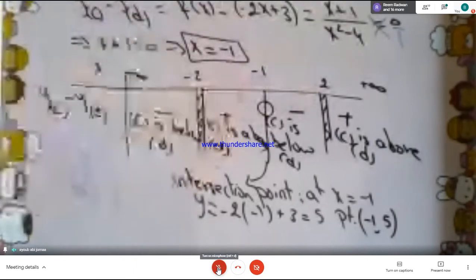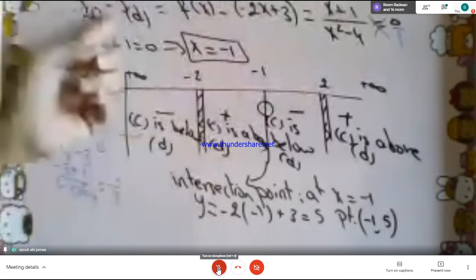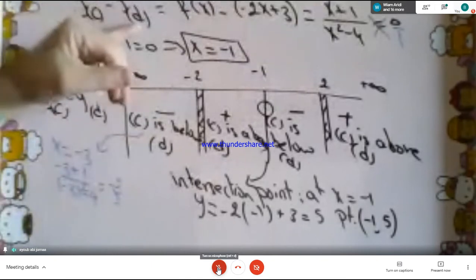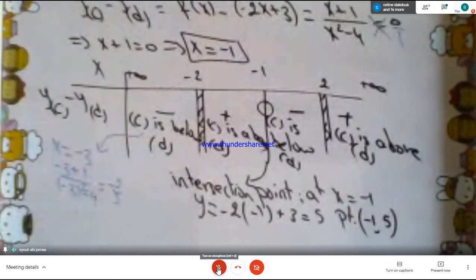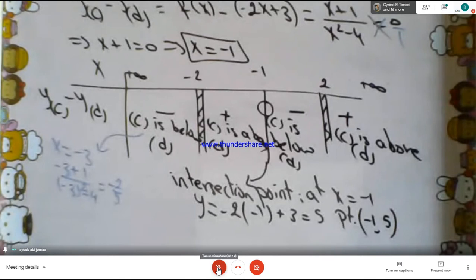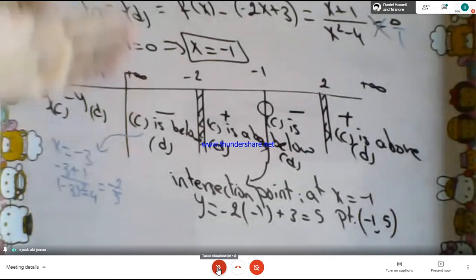At x equal to -1, it means that y of c is equal to y of d. So the point on the curve and the point on the line have the same ordinate, and they have the same value of x, -1. It's a common point. To find the y value of this point, you replace in the function or in the line.